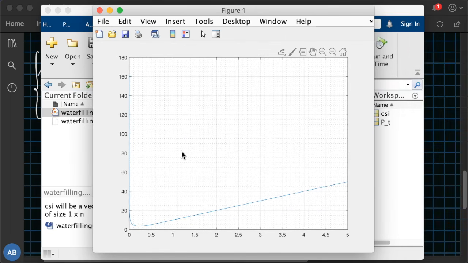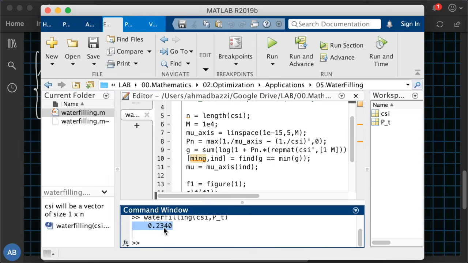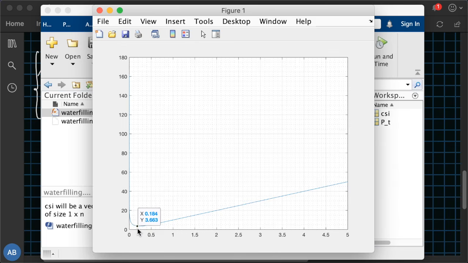So look what we have here. This is how the G looks. As we can see, right here, the minimum happens at 0.234. So somewhere around here, right? This is the best mu.